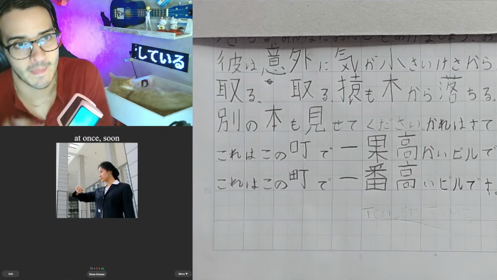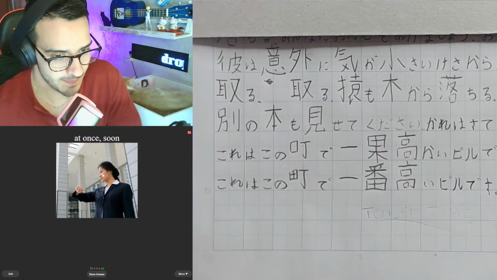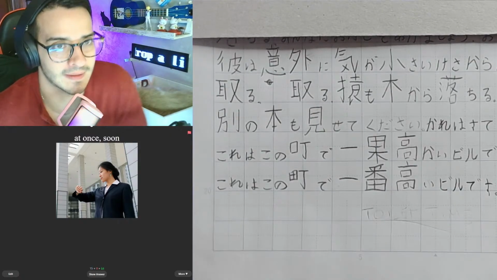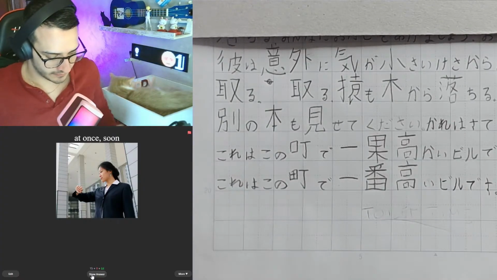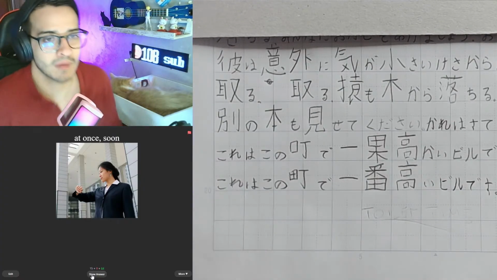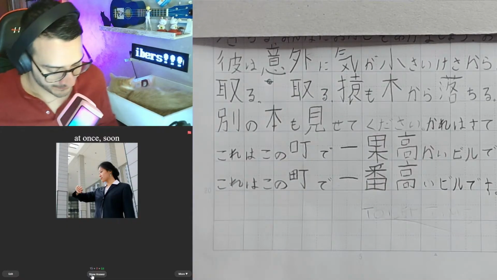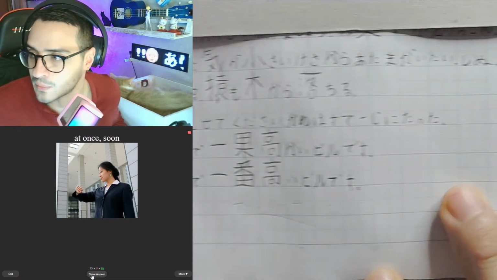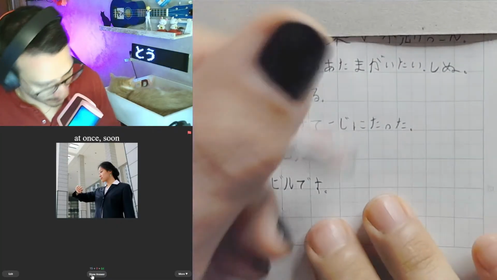4 months. How do we say at once, soon, in Japanese? We say すぐ.